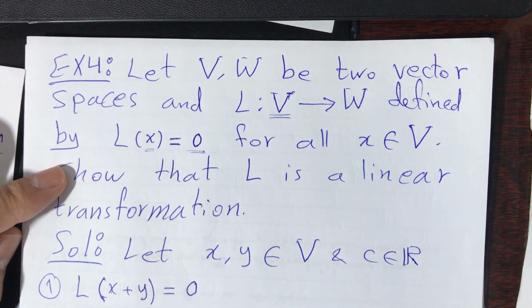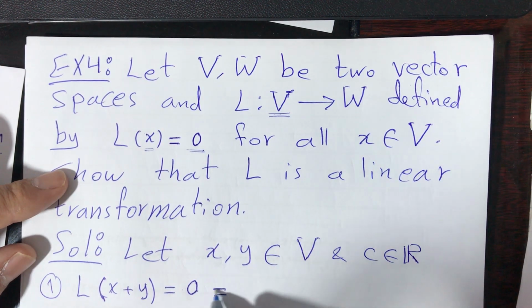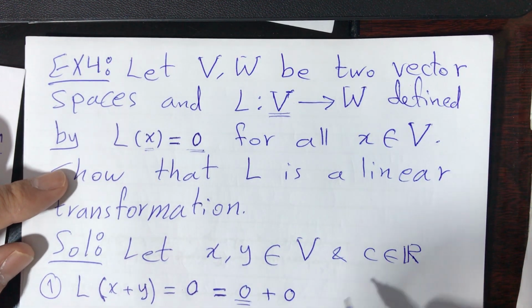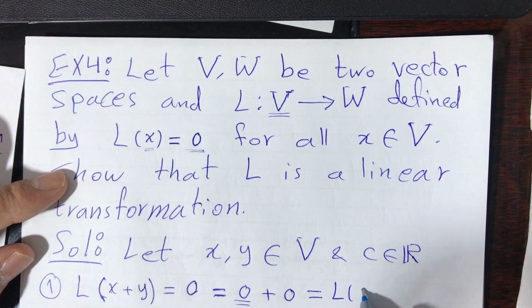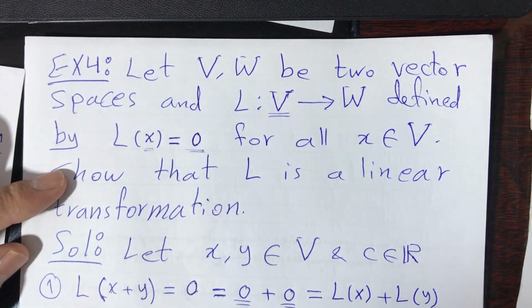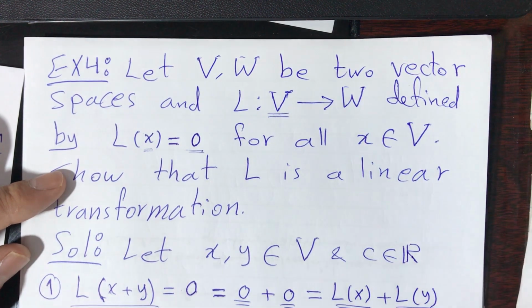And this 0 is equal to 0 plus 0, right? And this is L of x, and this other 0 I can write as L of y. So I get L of x plus y is equal to L of x plus L of y. So this is the first condition.